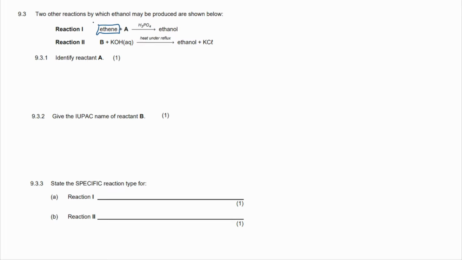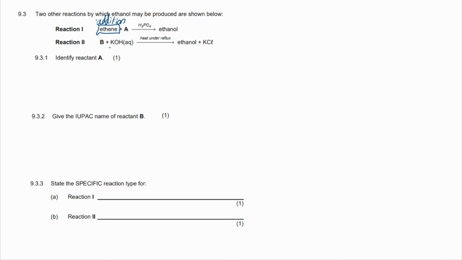Okay. Anyways, ethene is an alkene. So it is unsaturated, right? So when we have unsaturated compounds, they undergo addition reaction. So we know here this is some addition reaction. Okay.